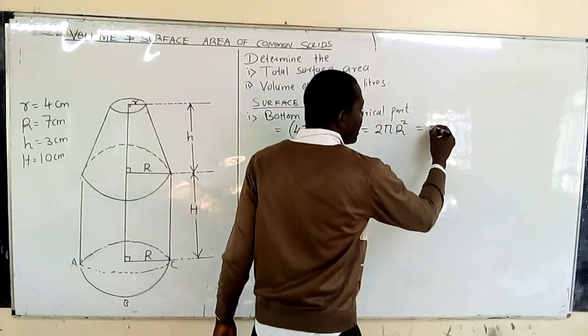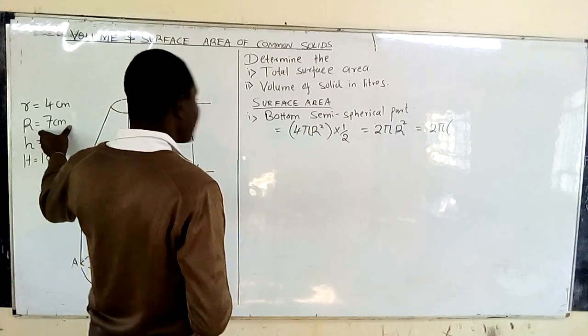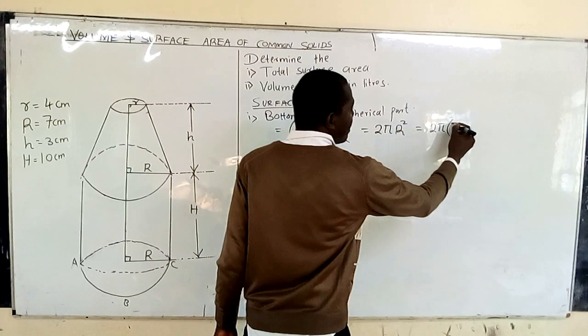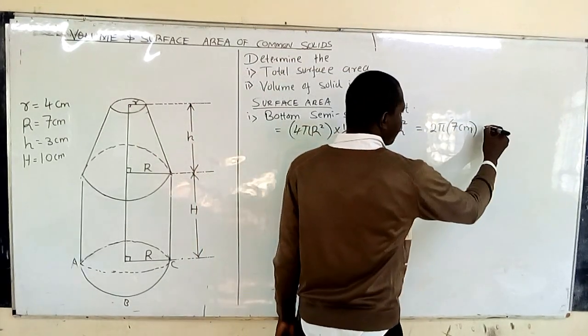Go to the calculator. 2 pi, then capital R is 7 centimeters, so 2 pi times 7 centimeters squared. What do you get there?